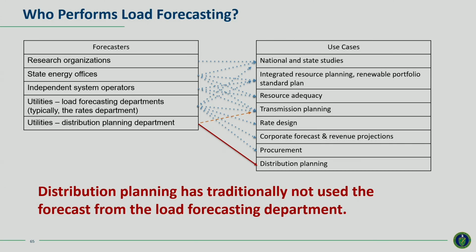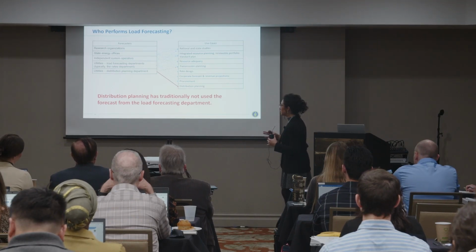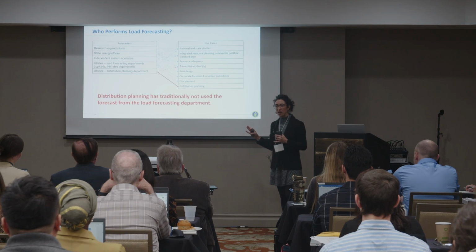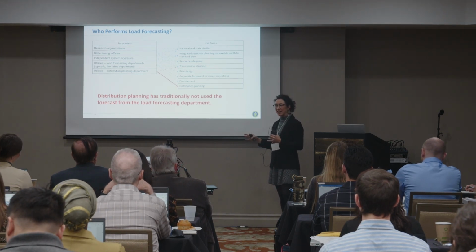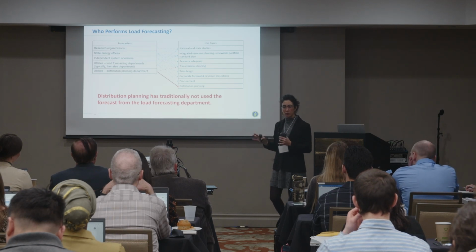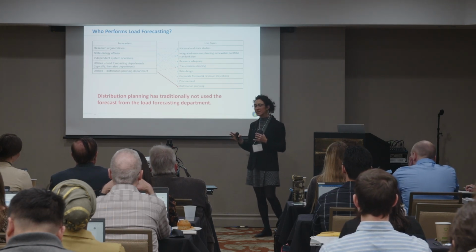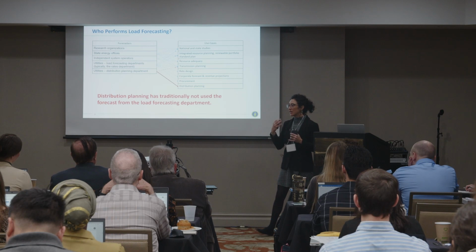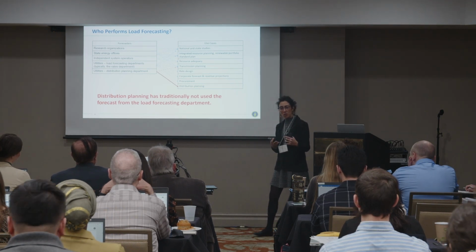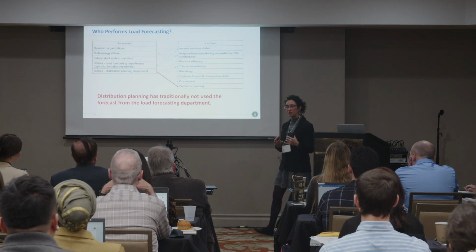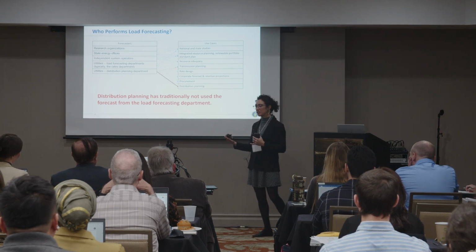And so it's been very interesting to start trying to map this. But what I have learned is that typically distribution planning has been performing their own forecast. And so at some point, it's good to start asking the question of, well, why might your financial forecast be different for distribution?